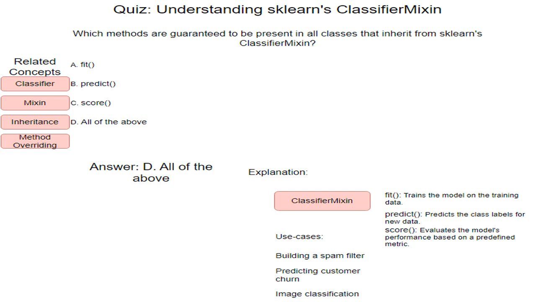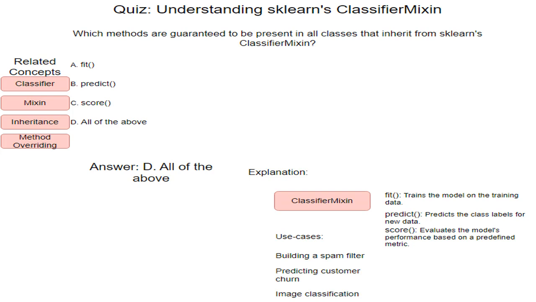A mixin is a class that provides a set of methods or attributes that can be reused by other classes. In the context of sklearn, classifier mixin provides common methods for classifiers. By inheriting from classifier mixin, different classifier models can utilize the same set of methods for training, prediction, and evaluation, leading to consistent code and easier maintenance.